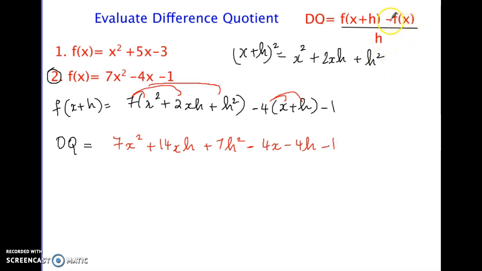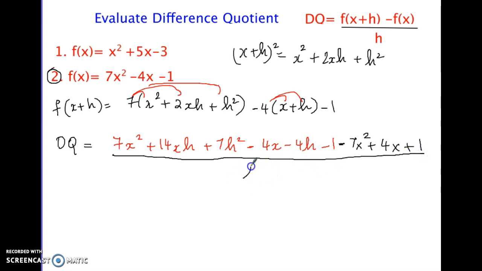And the last part is minus f of x. So this f of x, I'm going to write it with the negative signs. Minus 7x squared plus 4x plus 1. So I change the signs of these and wrote over there. Divided by h.